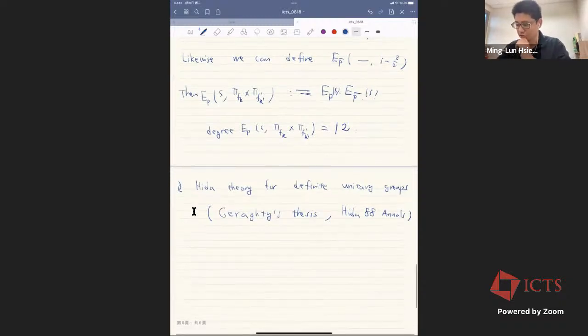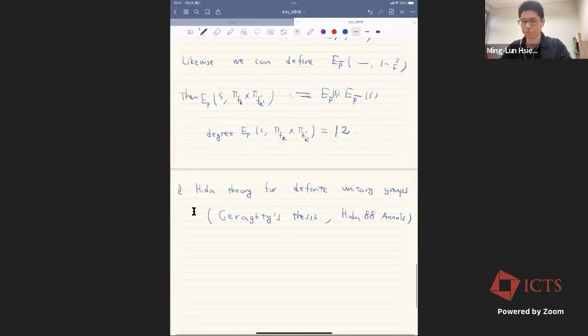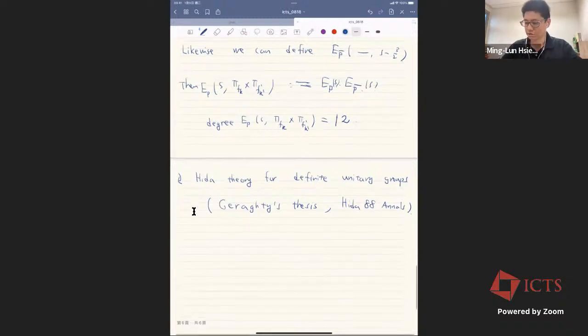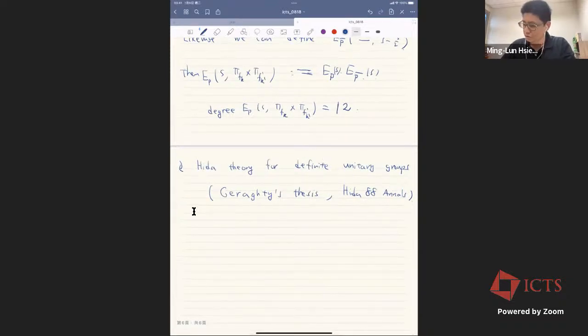Also, if I recall correctly, Garrity gave a lecture series on Hida theory for definite unitary groups and its application to R equal to T theorems in Pune 8 years ago. So there should be some lecture notes on this subject.